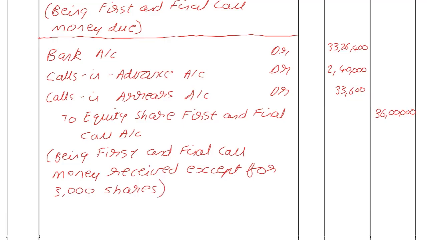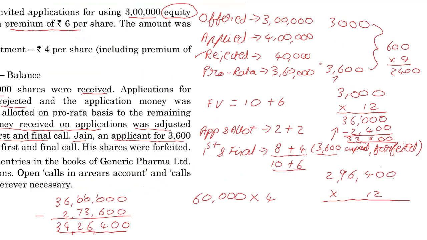And why 3,000 shares? Because the person applied for 3,600. When everyone applied for 3 lakh 60, since everyone got 3 lakhs, he got only 3,000. Okay, that's a very important calculation.